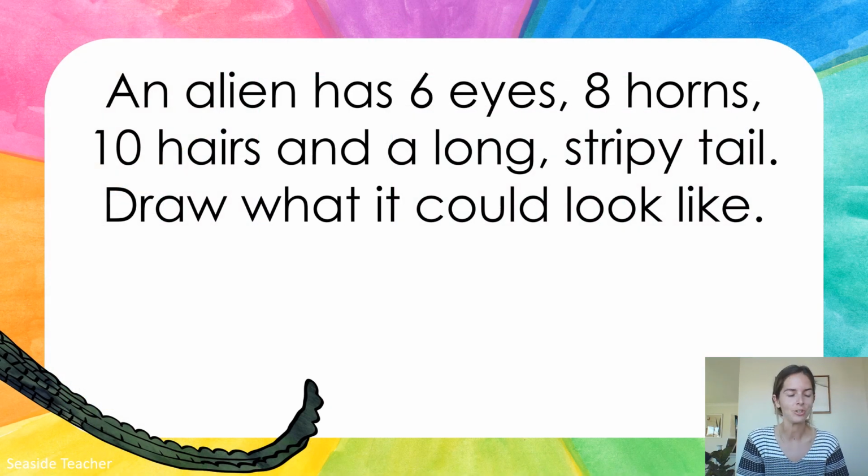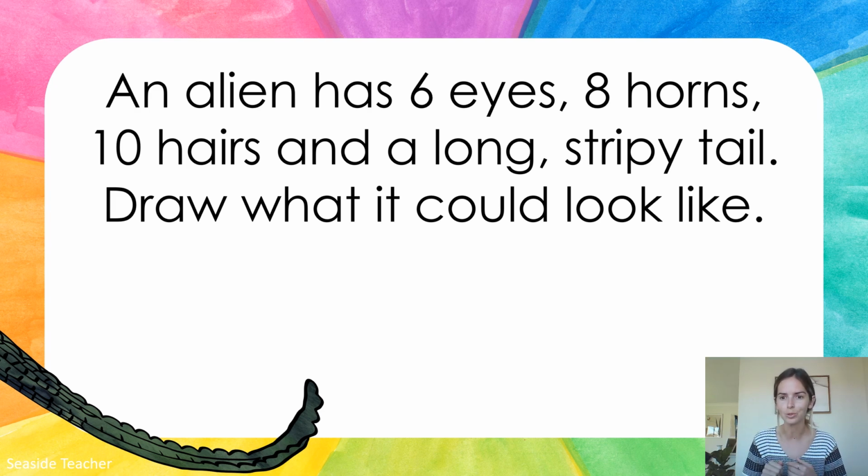Another one we're going to do, which I thought could be quite fun. Now, you're going to need to draw a picture. So listen really carefully to the instructions. I can't wait to see what you've come up with today. An alien has 6 eyes, 8 horns, 10 hairs, and a long stripy tail.